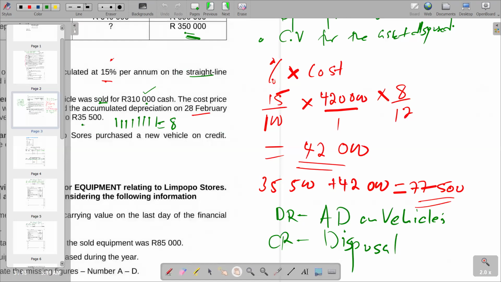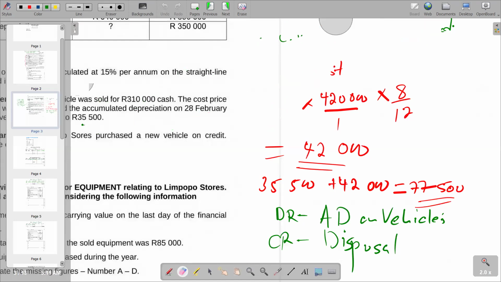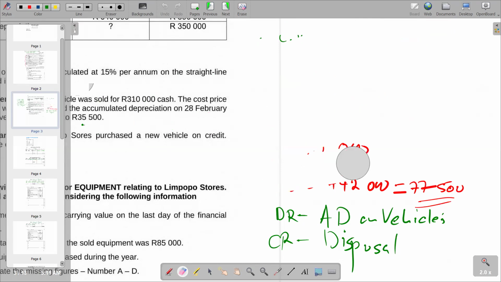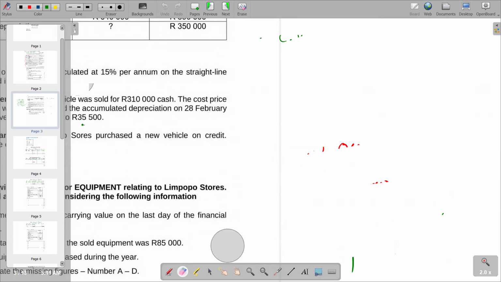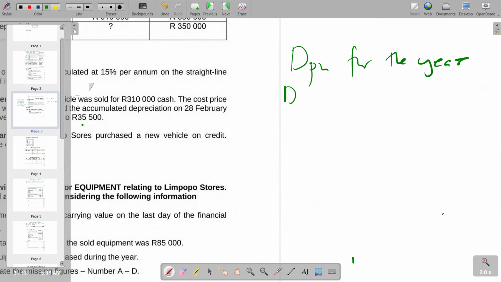Depreciation for the year. The double entry that is involved is we debit profit and loss account, and then we credit the accumulated depreciation account.